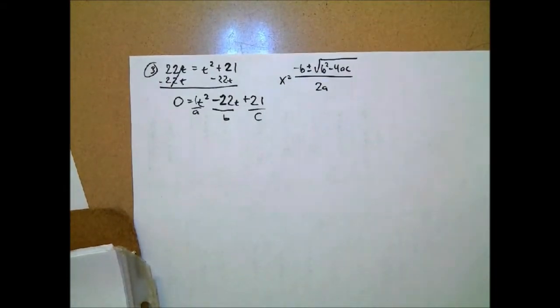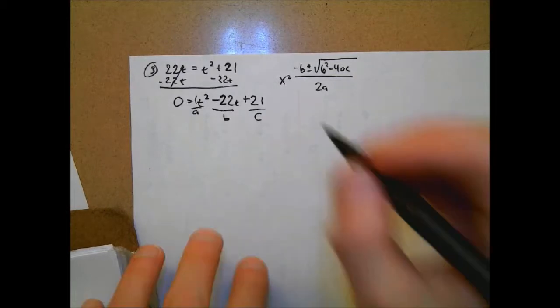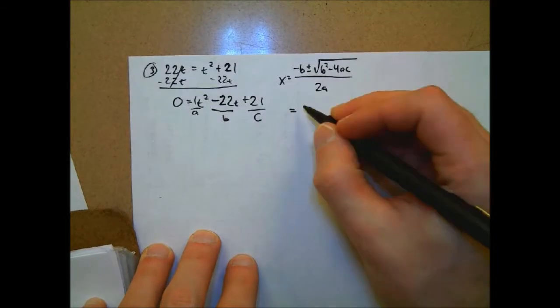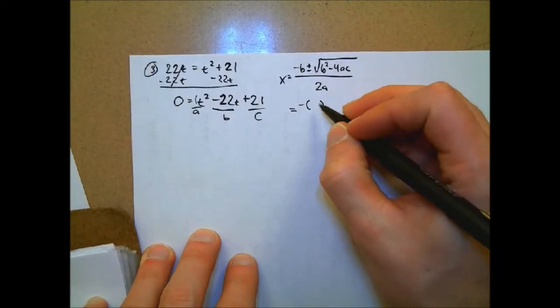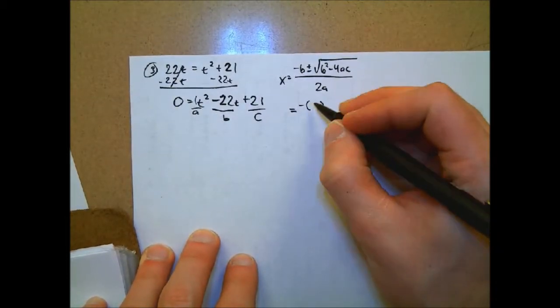Remember, the quadratic formula is to find solutions to a quadratic equation in standard form. It's one of many ways that we've already seen how to solve a quadratic equation. So let's fill some of this in. Max, what goes in for our b? Negative 22.